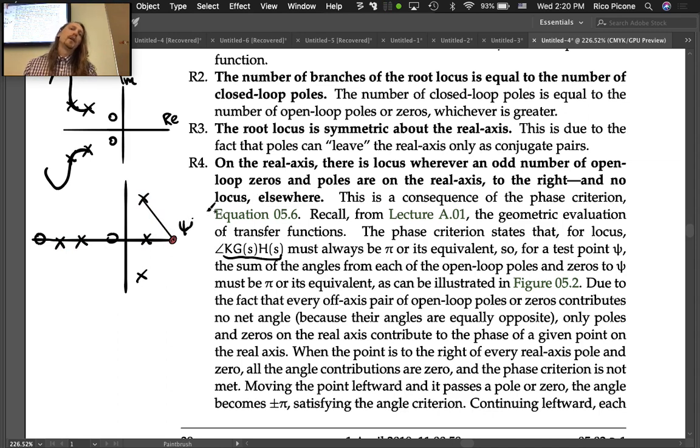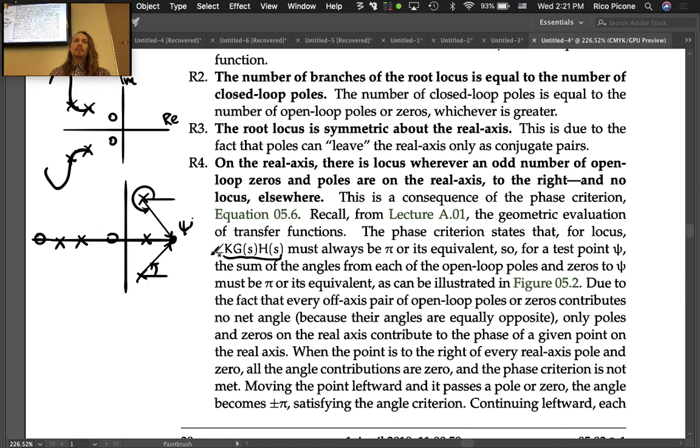So you can imagine for some test point, we'll make this our test point on the axis, psi. If you want to evaluate a transfer function at that test point, then the angle is just the sum of all the angles that the vectors going from the poles and zeros to the test point add up to. So if we did this, it would be that angle and that angle.